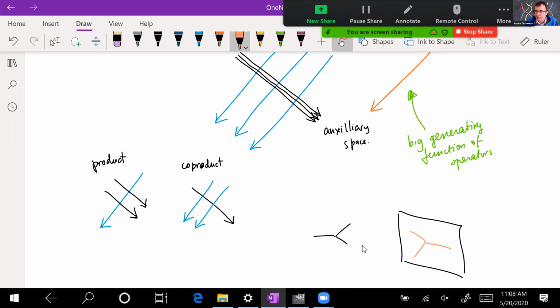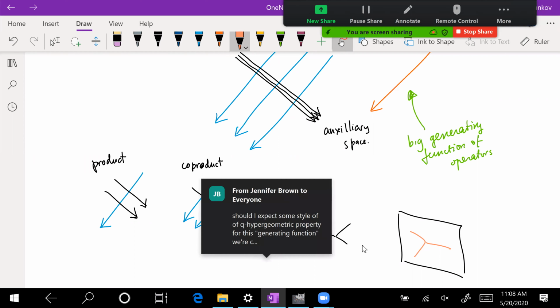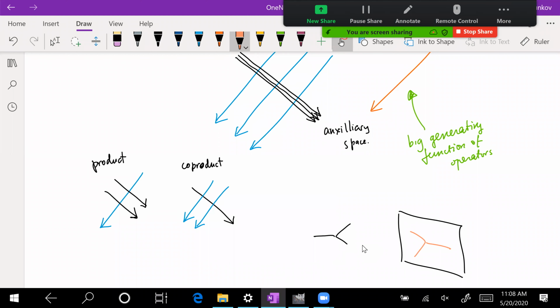Other questions? All right. So usually you write the R matrix as some kind of generating function in the quantum group, right? And then it is a generating function of everything in the quantum group. Yes, exactly. If you want all possible operators in your quantum group, you take all possible auxiliary spaces.